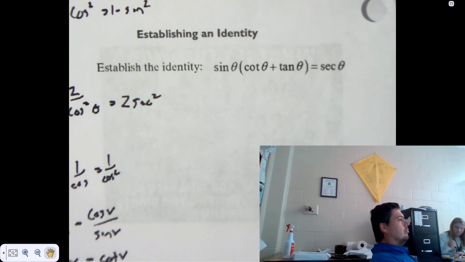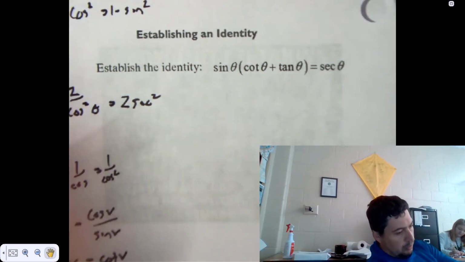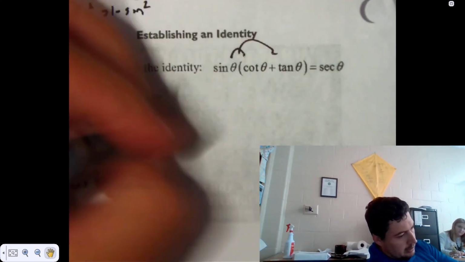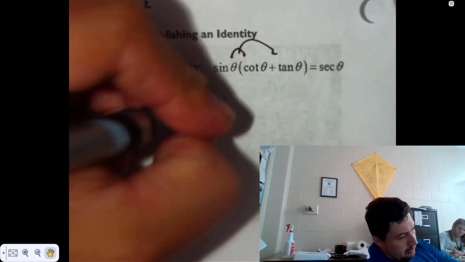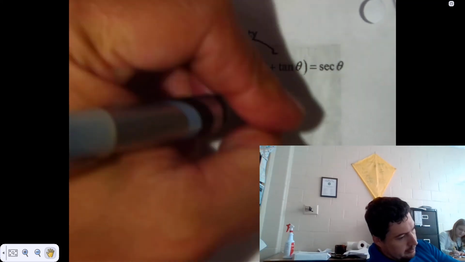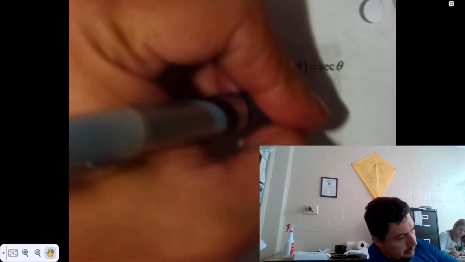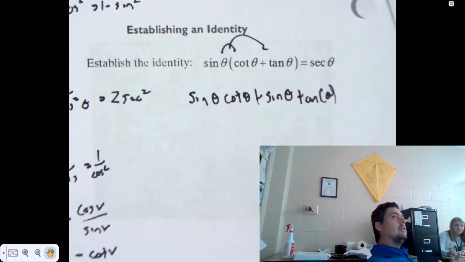Why not? You can, can't you? So sine of theta, cotangent of theta, plus sine of theta, tangent of theta. It's not equal to anything yet, because we don't have a clue what it's going to look like yet.